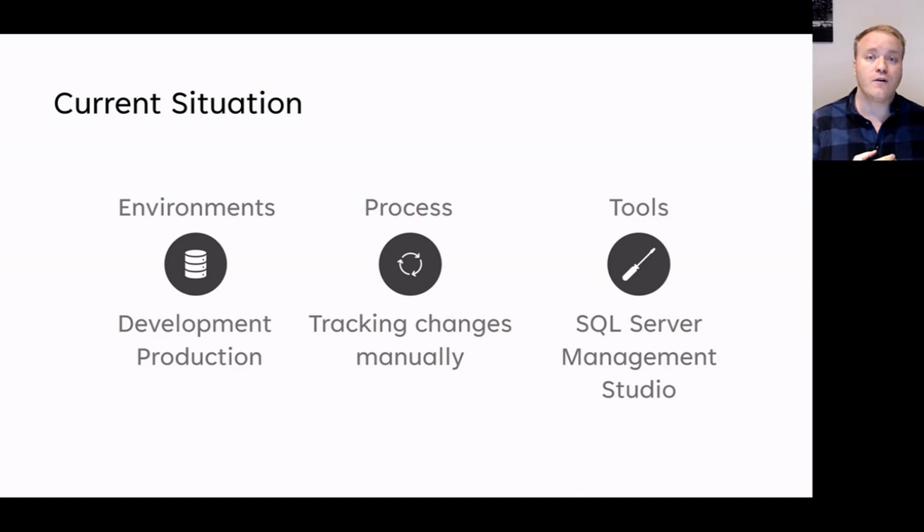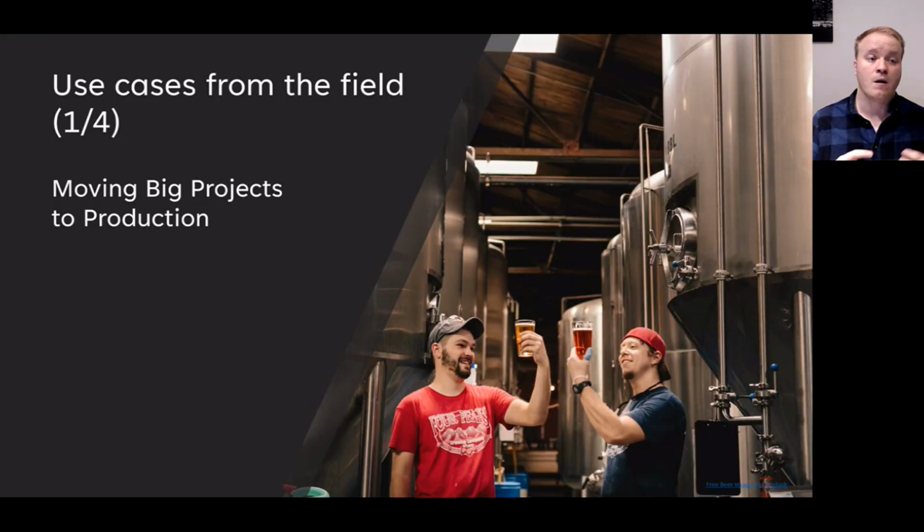Our main tool for development was SQL Server Management Studio, which of course is a very convenient way of working, but we had a couple of challenges that we really would like to overcome. One of these challenges was moving big projects to production. What typically happened when we received the go to move something to production?